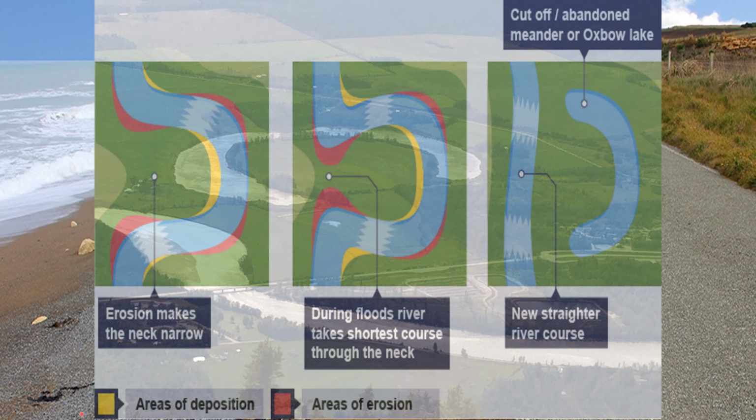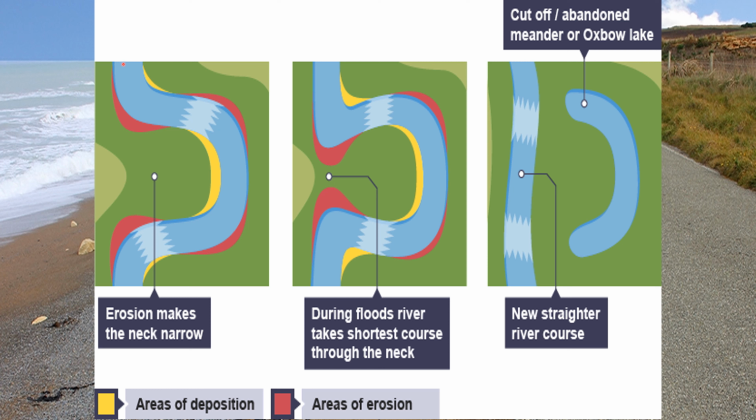Now, how does that process happen? Well, what basically happens is you have the river going on like this, and the red line right here is the point where you get a lot of erosion, and the yellow lines are where you get lots of deposition. So as this river is flowing around this meander, it starts to chew away at these two points. As it erodes and chews away at these two points, the river gets closer and closer.